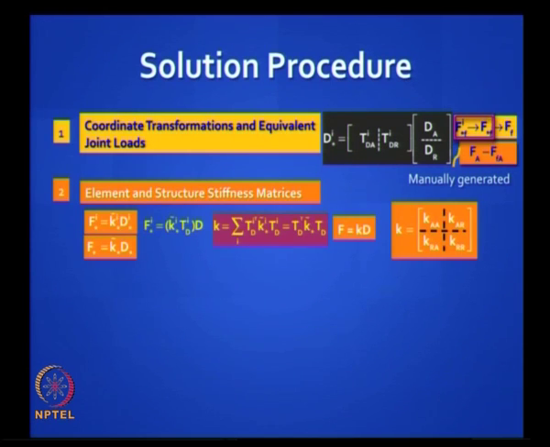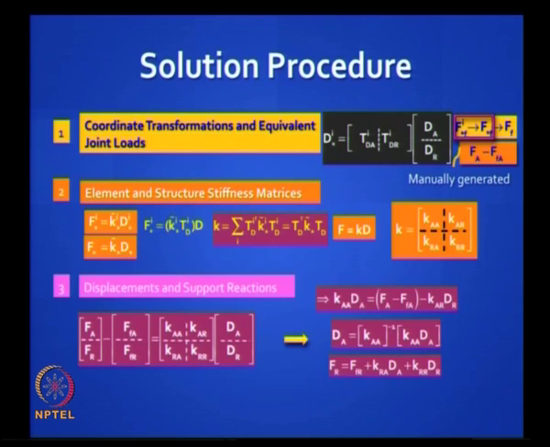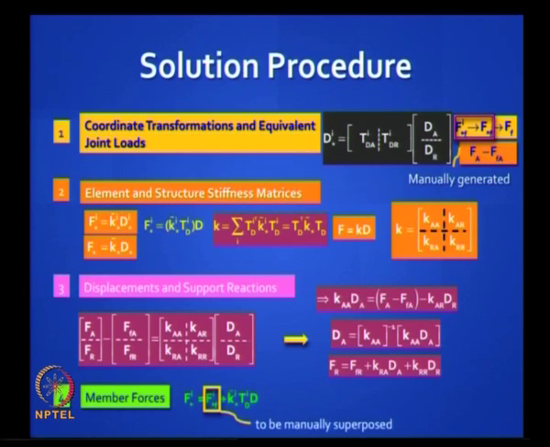Then of course you generate the stiffness matrices in the usual way, and you solve the equilibrium equations, find the unknown displacements, use those active displacements to find the support reactions, and in the end you find the fixed end forces. And if you recall our previous discussion, that last equation, what does it really represent in terms of what we did earlier?